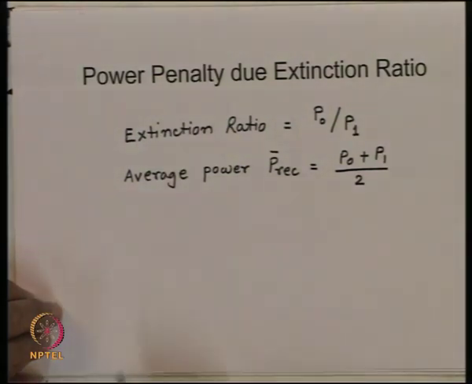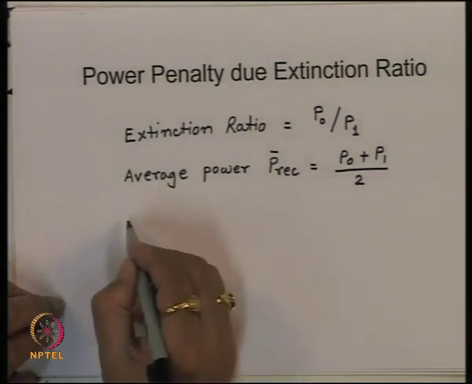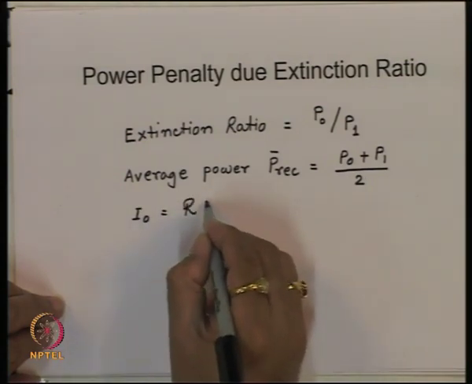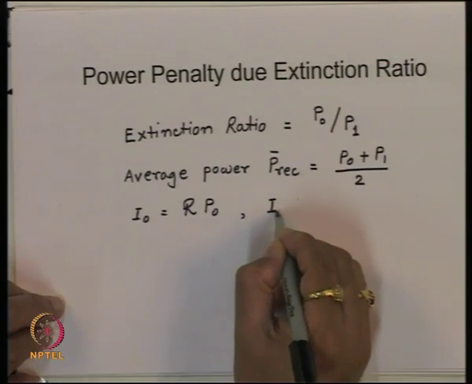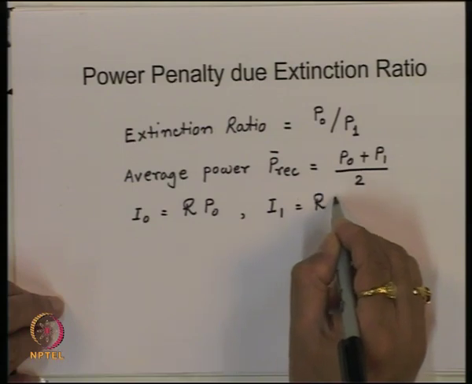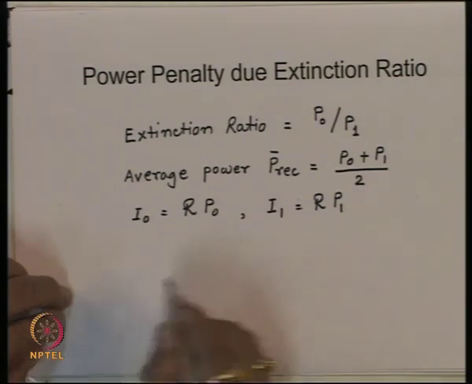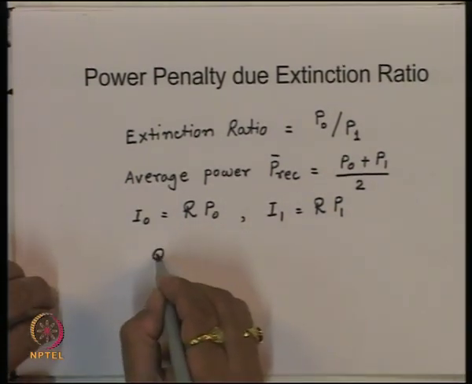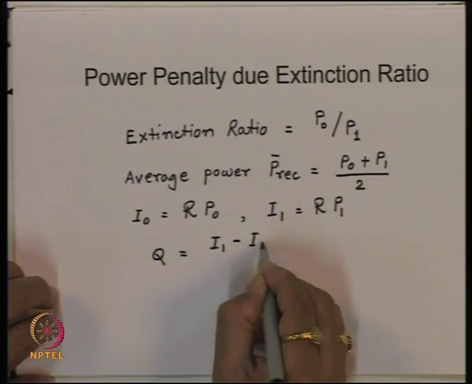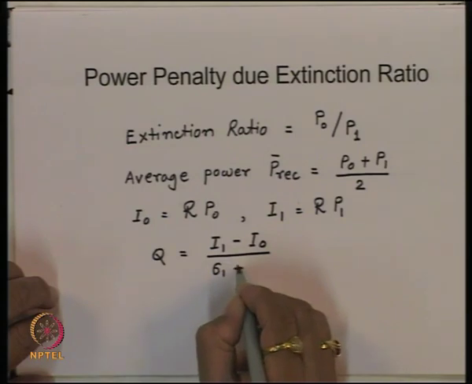And the corresponding currents which we will have corresponding to these two powers will be I0, responsivity into P0, and I1, the current corresponding to 1 level, responsivity into power P1. And then we can define the parameter Q for the data, which is equal to I1 minus I0 divided by sigma 1 plus sigma 0.